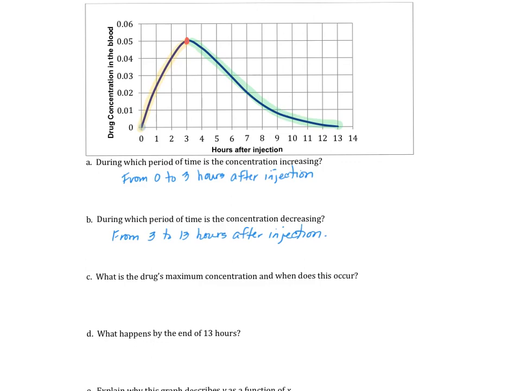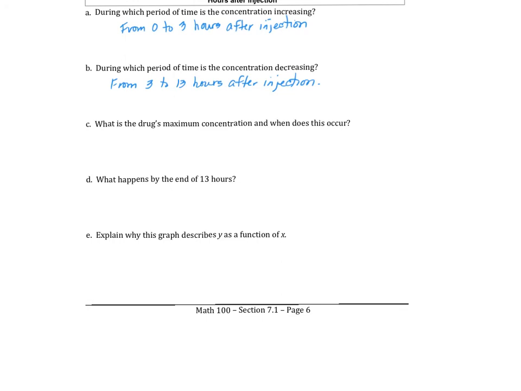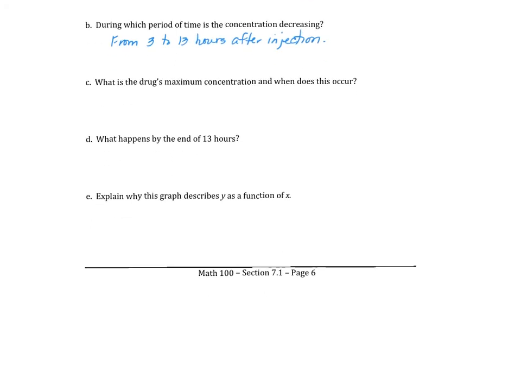So it looks like it's at 0.05. So the drug's maximum concentration would be 0.05, and it was measured in milligrams per milliliters. And when it occurs, 3 hours after injection.